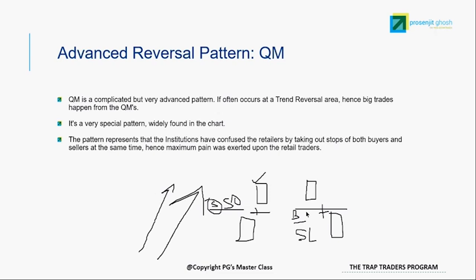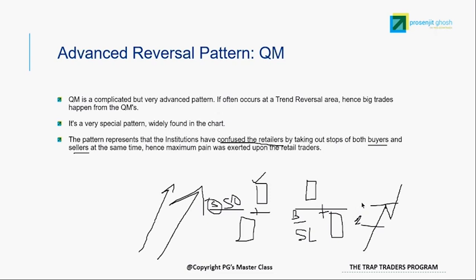But when we talk about Quasimodo or QM, the institutions confuse the retailers. How? They not only take the stop loss of buyers, but also the sellers at the same time. What I mean by that: in an MIT also, if you see, there is a resistance which got engulfed, price comes down and breaks another resistance.